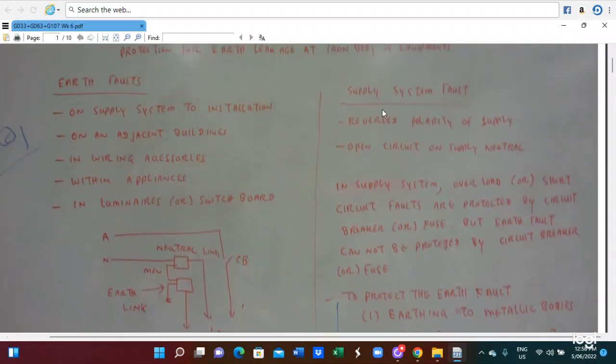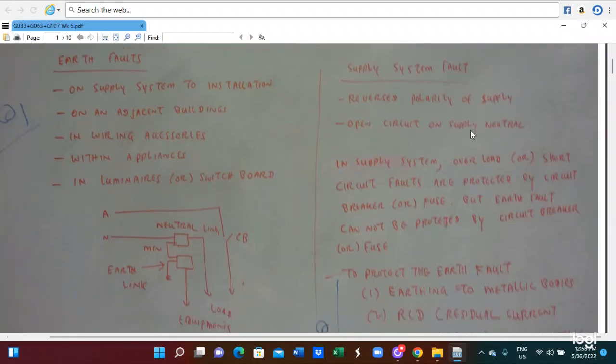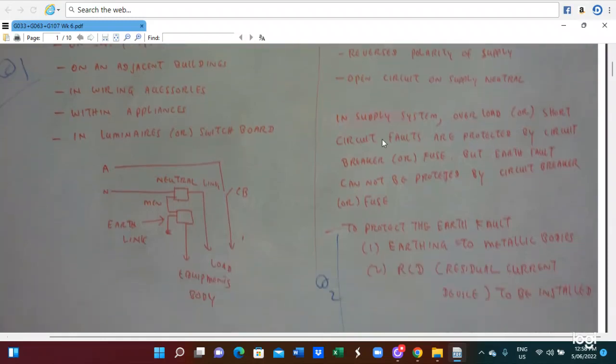In this case, the supply system fault can be reverse polarity of supply and open circuit on the supply neutral. In the supply system, overload or short circuit faults are protected by the circuit breaker or the fuse, but some faults cannot be protected by the circuit breaker or fuse.